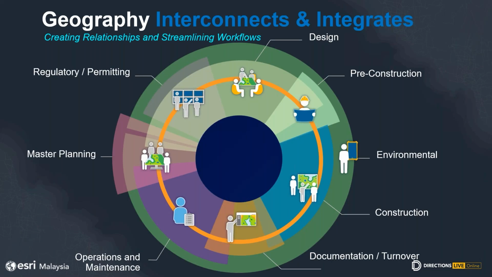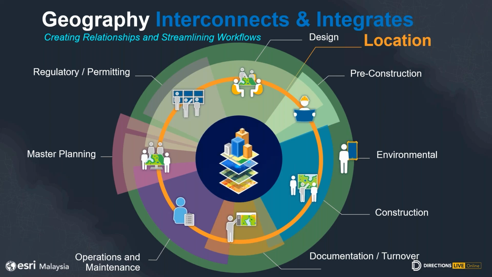The challenges we have discussed are not unique to the built environment, but are common across many sectors. However, one thing that we have consistently seen through our work with clients is that location serves as the unifying element that connects and integrates all data on a common map. This enables data to be referenced, analyzed spatially, and visualized effectively.